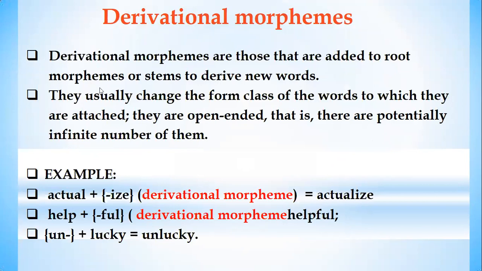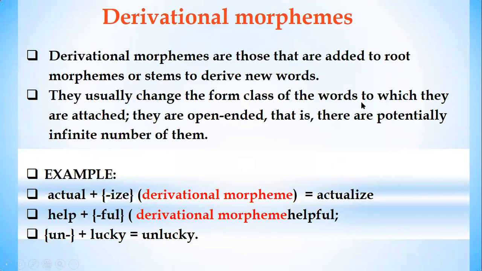We have the derivational morphemes. The second type of bound morpheme is the derivational morpheme. Derivational morphemes are those that are added to roots or stems to derive new words. So they usually change the word. If the inflectional doesn't change, the derivational is changing.